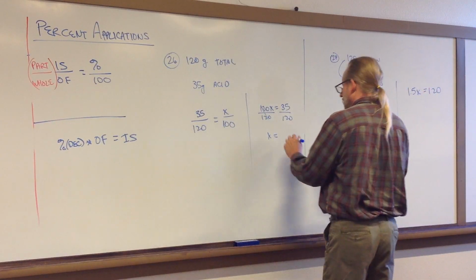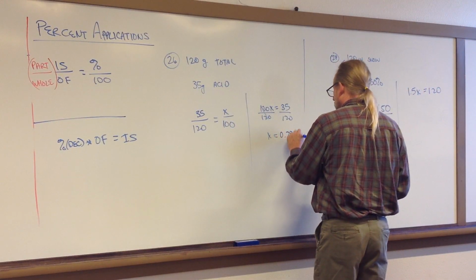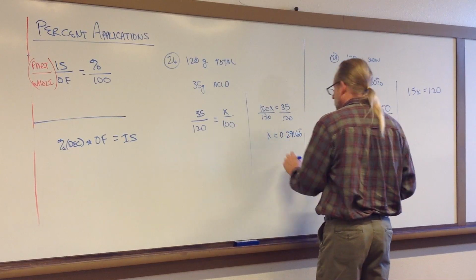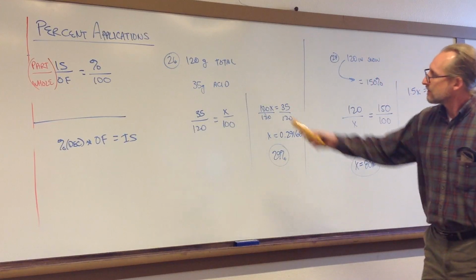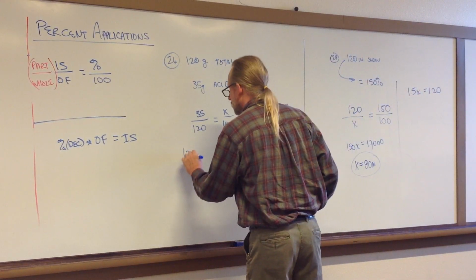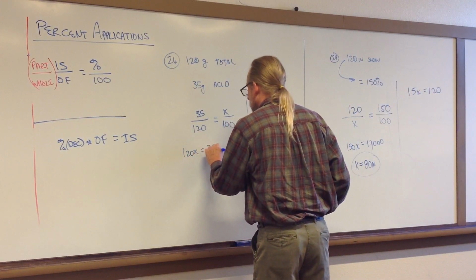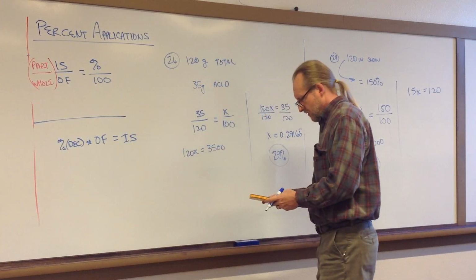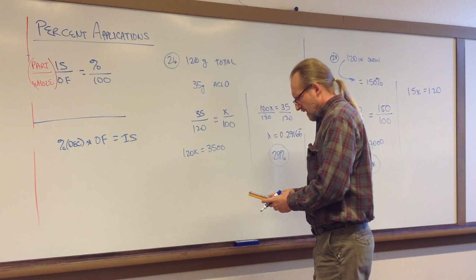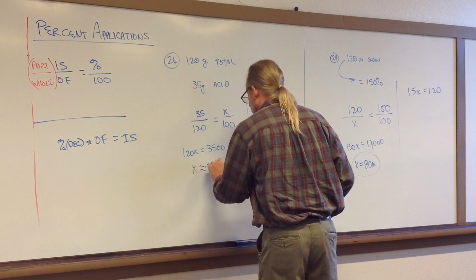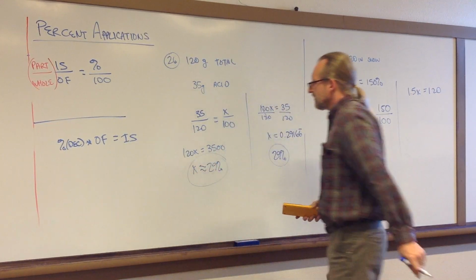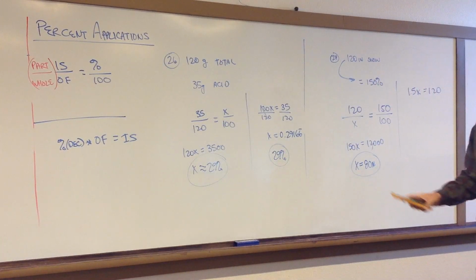So to the nearest whole number, we've got 0.2916 repeating. So that would be 29%. Over here, we do 120x equals 35 times 100. And so that gives it to us already in percentage form, 29% approximately.